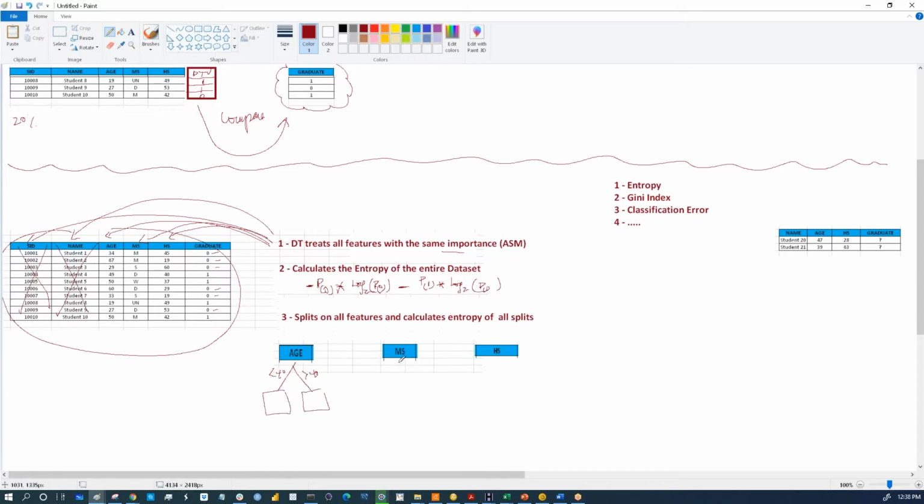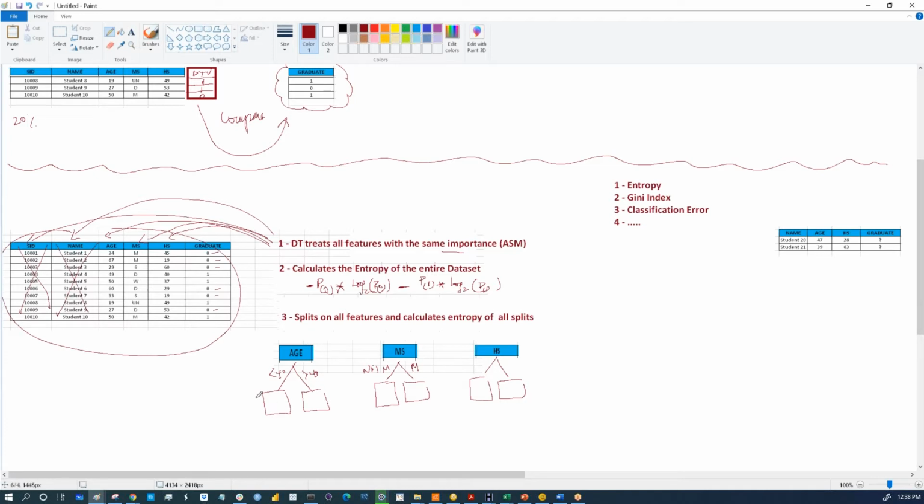If it's non-numeric, if it's categorical or nominal, it is going to split on the frequency and the mode. So let's say that you have M, so it's going to split on M or not M. Hours spent, of course, is split on the mean.